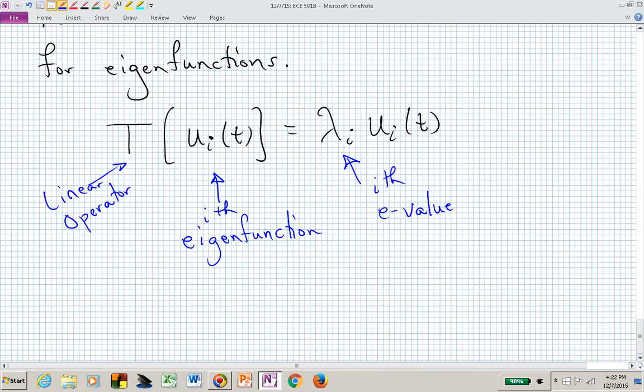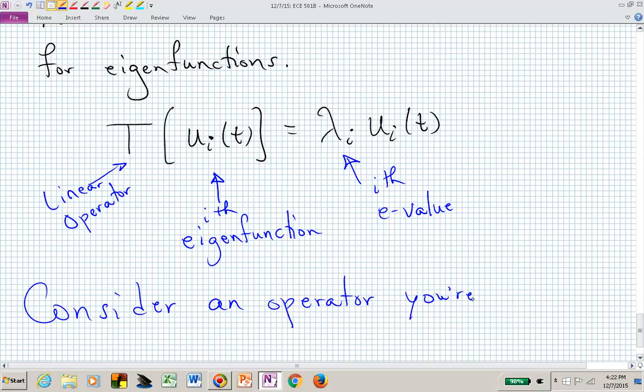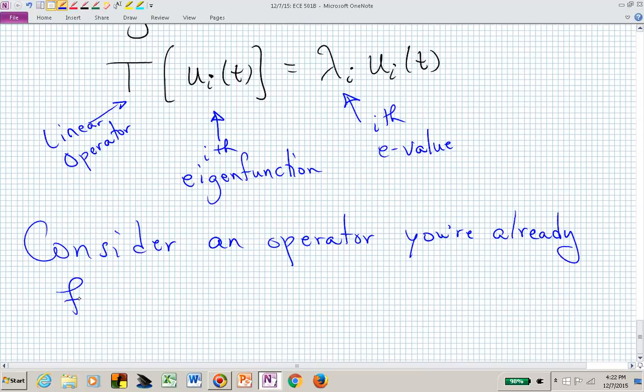And what we want to see is how this might arise, or what this might look like when we're dealing with functions. Let's consider an operator you're already familiar with.